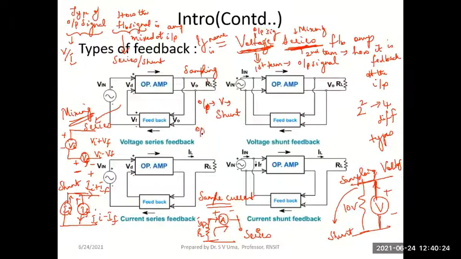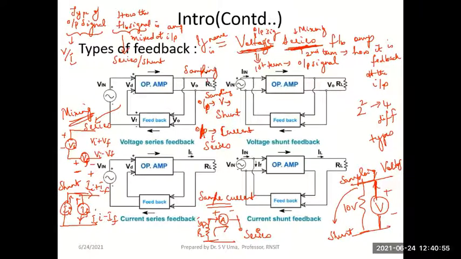Whereas if the output signal is a current, then you'll have to make a series connection to sample that current. Remember, this is with respect to sampling. So it is the exact opposite of mixing. Sampling happens on the output side, mixing happens on the input side.